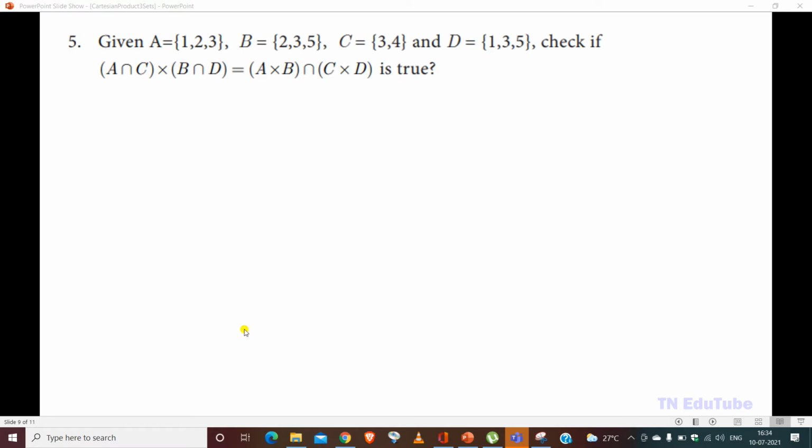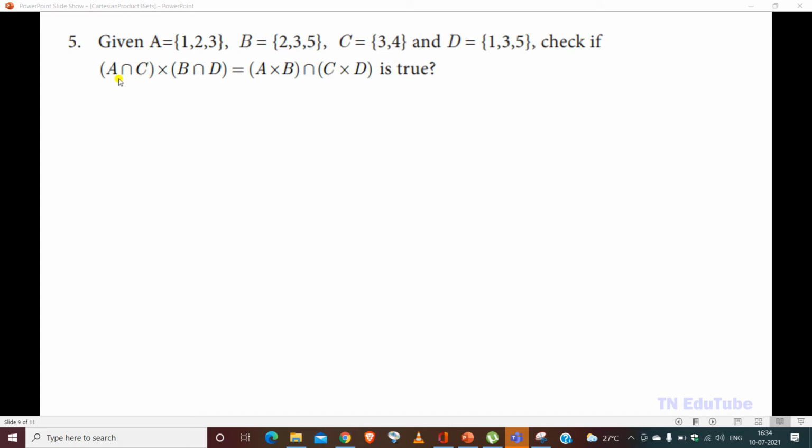Then the next sum, question number 5. Here also 4 sets are given. See this: A equals {1, 2, 3}, B equals {2, 3, 5}, C equals {3, 4} and D equals {1, 3, 5}. We have to check whether these are equal. Here also 4 brackets are there, no?